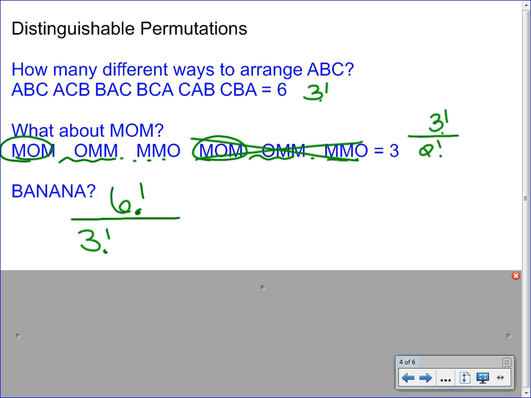Also, we have 2 N's, so we also need to divide by 2 factorial. So how many ways? 60. Cool.